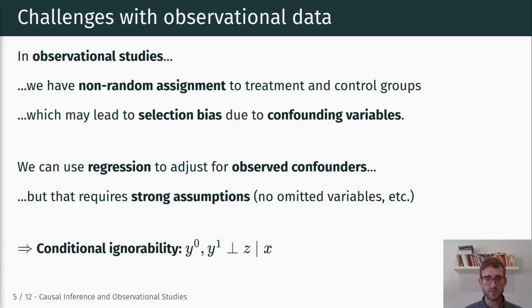In comparison to the true experiment, where the potential outcomes were simply independent of the treatment assignment, now we're saying that after conditioning on all these potential confounders, the potential outcomes are independent of the treatment assignment.